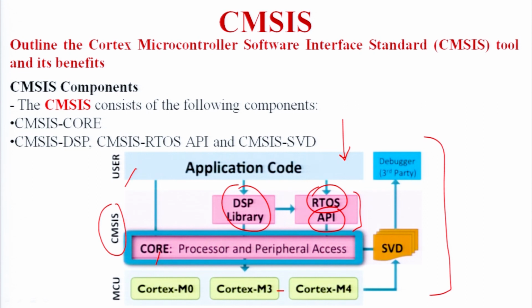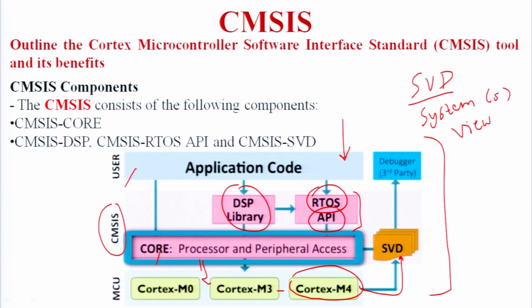So the core has processor and peripheral access. Which type of microcontroller has to be used has to be accessed by the CMSIS core. After that, for example if we are writing programs for Cortex-M4, it has to go to the SVD. What is the meaning of SVD? SVD means System View Description.